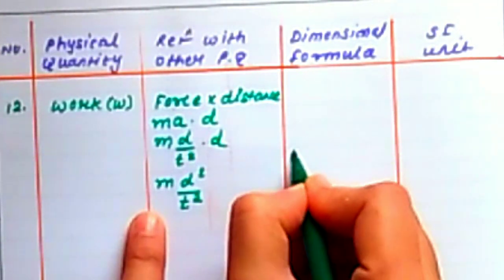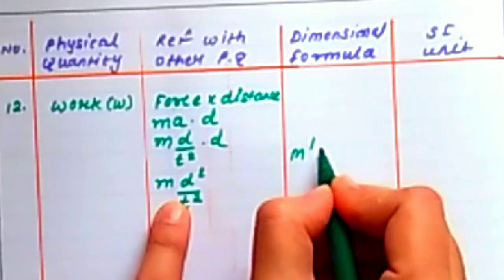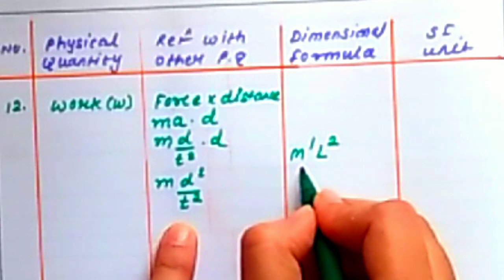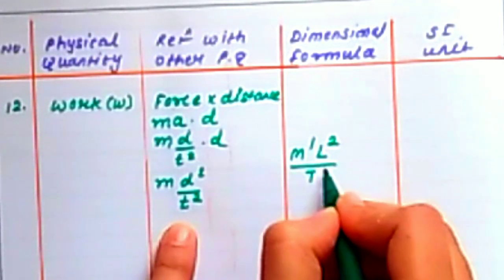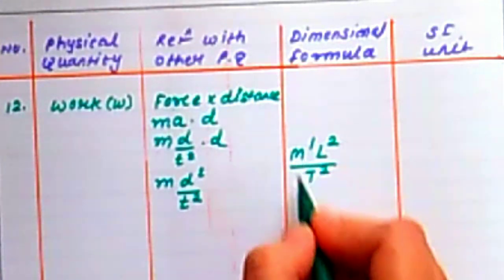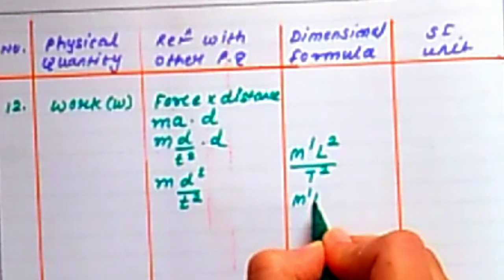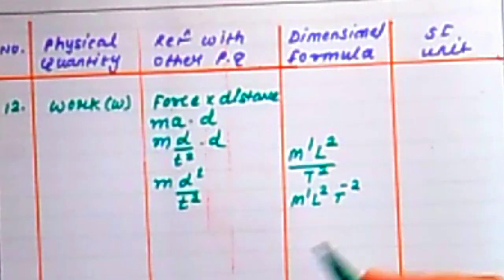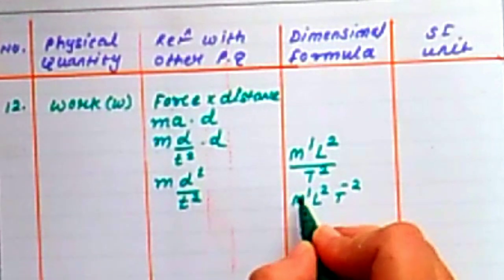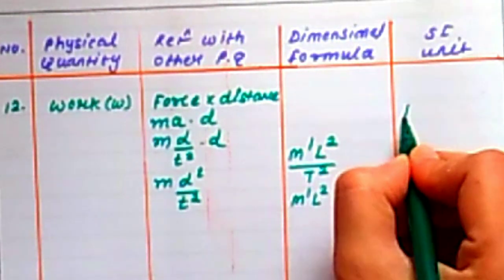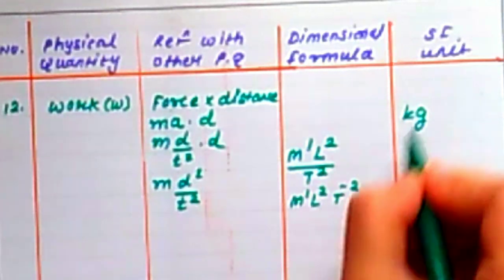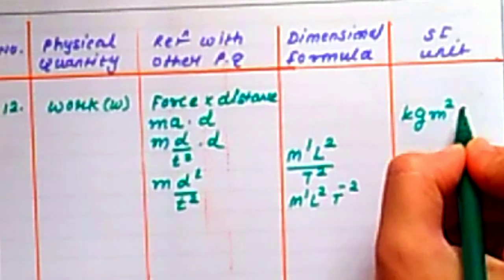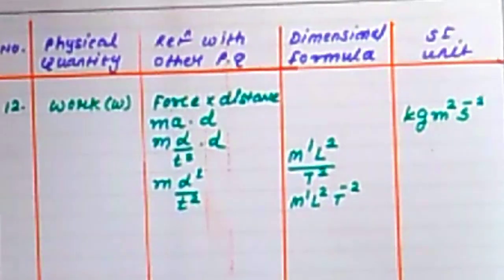Here the dimensional formula of mass is M1, distance is L, but here square, so we have to use L2, divided by time square, that is T2. Further solve, M1 is as it is, L2 is as it is and T2 goes into numerator, it becomes T -2. Now unit of mass is kilogram, unit of length is meter, square is as it is and unit of time is second, -2 is as it is.